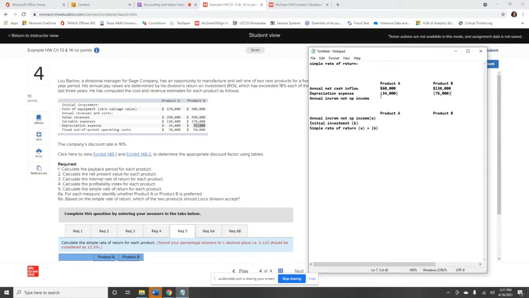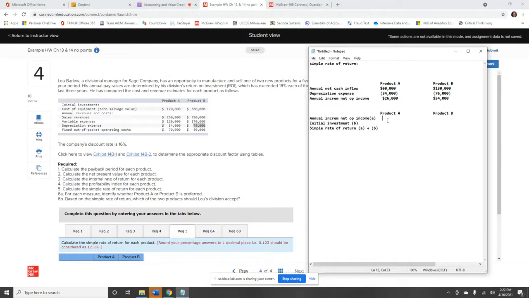And of course, we're doing this because we want net operating income, and net operating income does have depreciation taken out of it. So that's what we're going for. So 60 minus 34 is 26. And 130 minus 76 is 54. Okay, there you go. So now we've got that number we needed, the annual incremental net operating income.